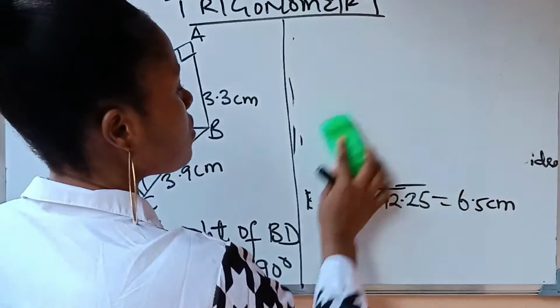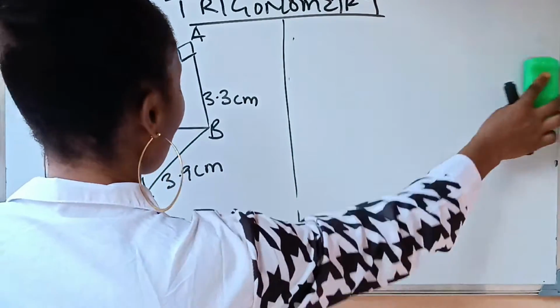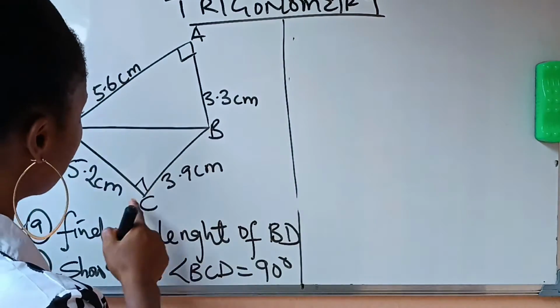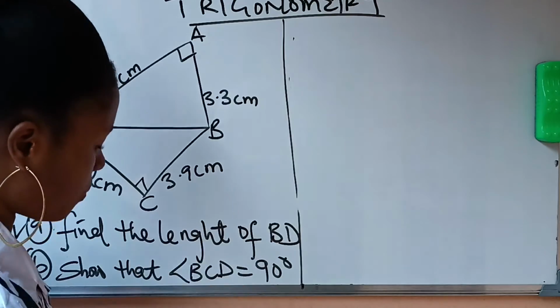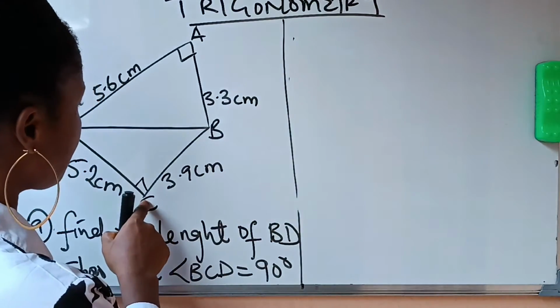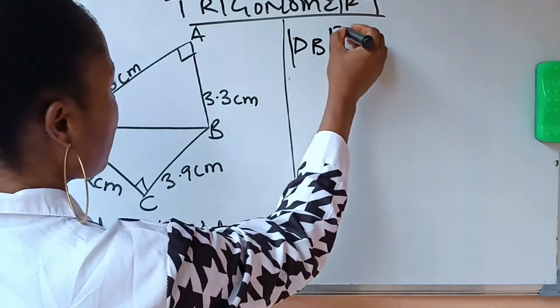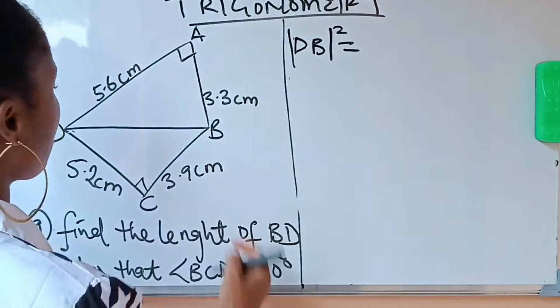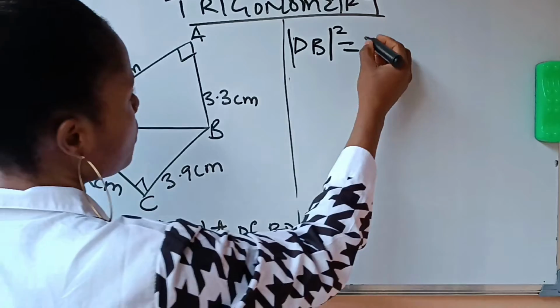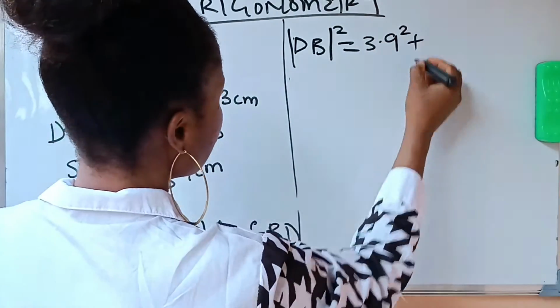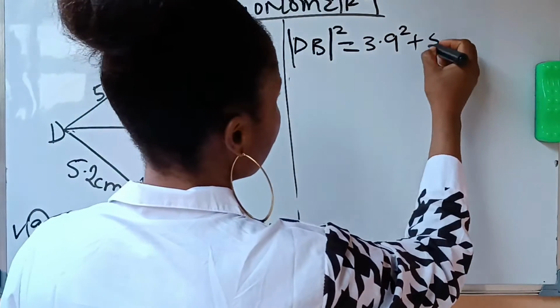I'm going to clean this right now. If we are on this angle, for us to prove that this C is 90 degrees, that means our DB is our hypotenuse again. So our DB squared is going to be equal to 3.9 squared plus 5.2 squared.